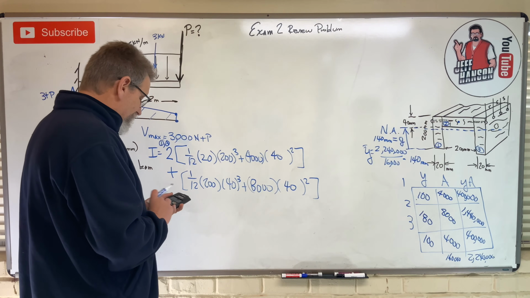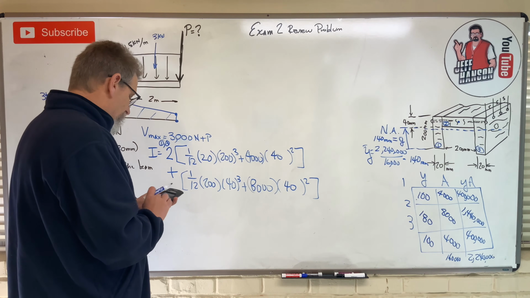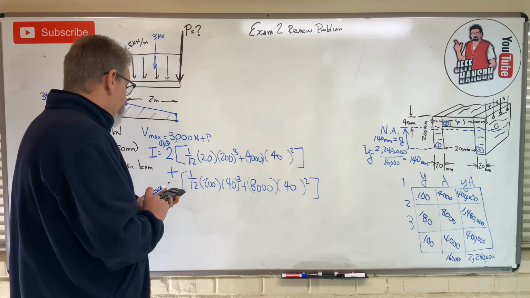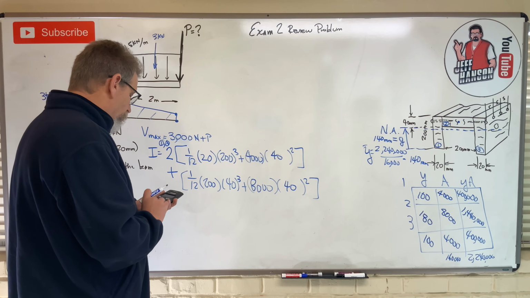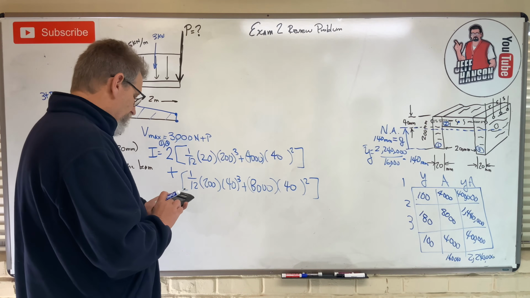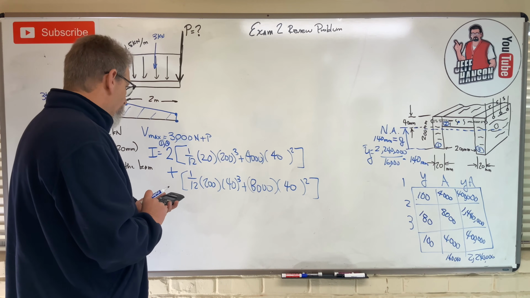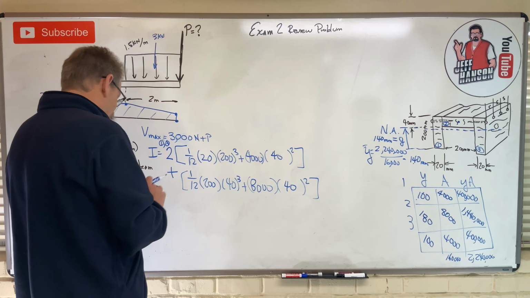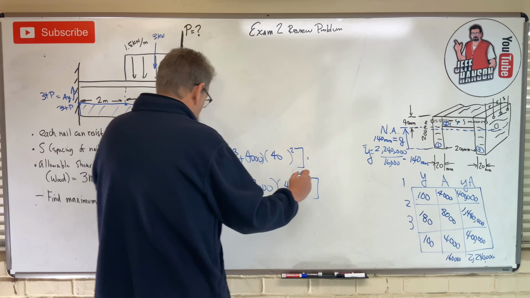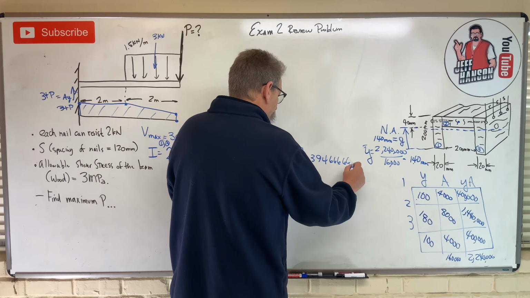All right, now you better put this in your calculator twice to make sure you get the right answer, because this is easy to mess up, isn't it? 20 times 200 cubed equals, divided by 12 equals, okay, and then plus 4,000 times 40 squared equals, that's a number there, times 2 equals, oh goodness, so this top part up here, I got 39,466,666.7.